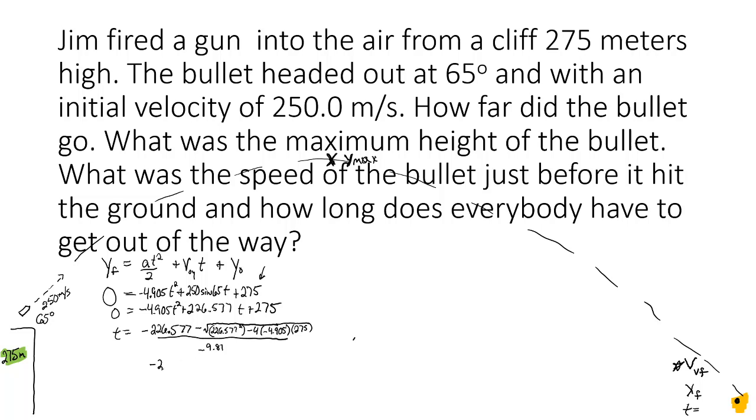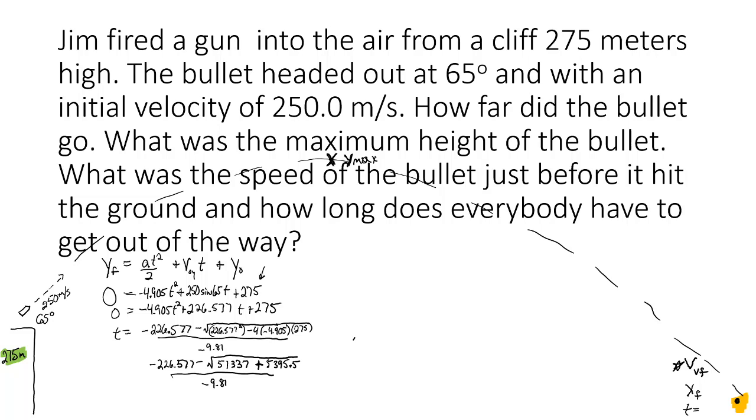So we'll get negative 226.577 minus the square root of 51,337, and it's going to be plus because I got a negative times a negative, and I'm going to do 4 times 4.905 times 275, which gives me 5,395.5, all over negative 9.81.